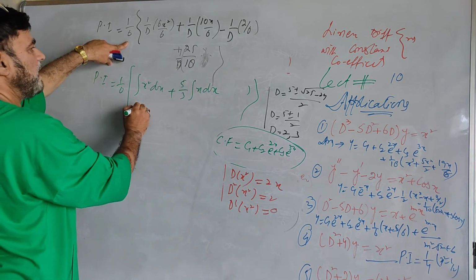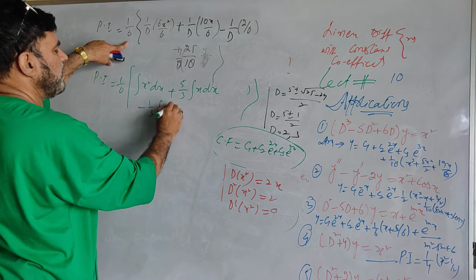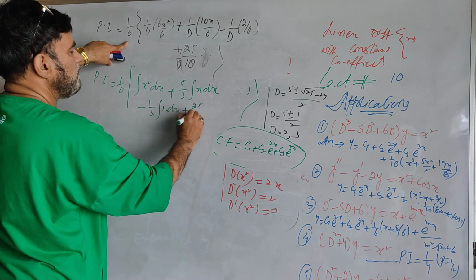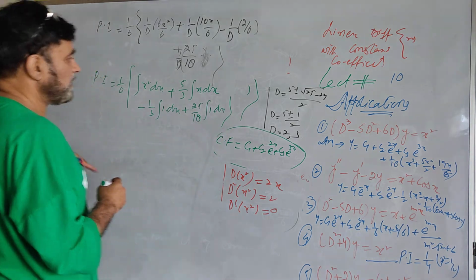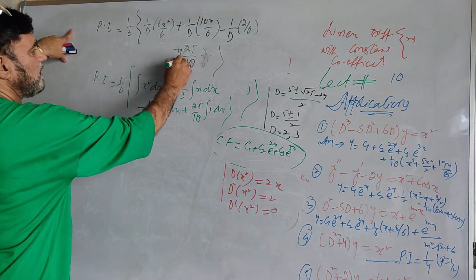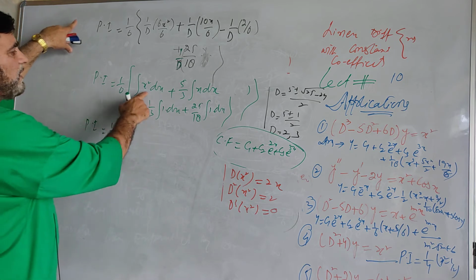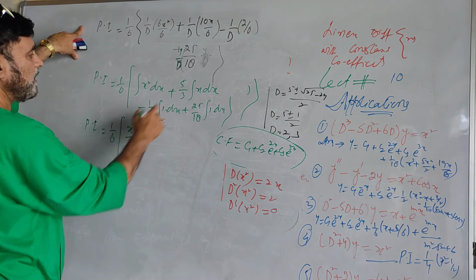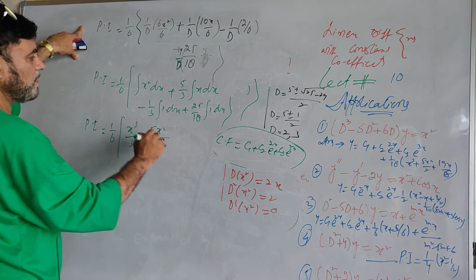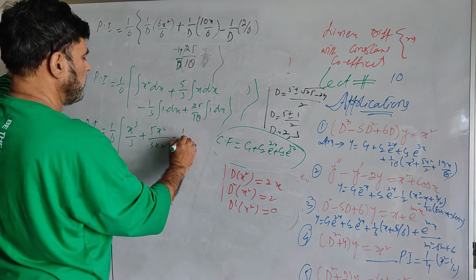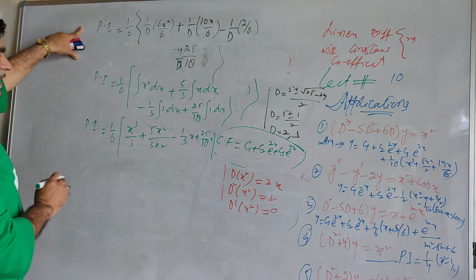This is minus 1 by 3 of integral 1 dx, constant, plus 25 by 18 of integral 1 dx, because 1 by D means integral. Well, particular integral is 1 by 6 throughout: integral gives x cube by 3, plus 5 x square by 3 into 2, then minus 1 by 3 x plus 25 by 18 x. You have to only simplify this now.